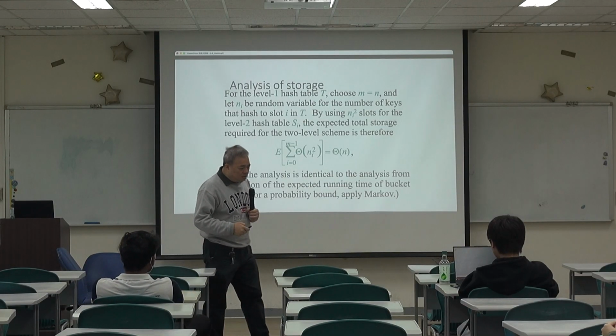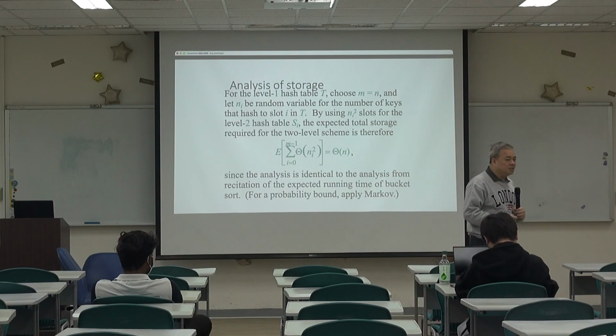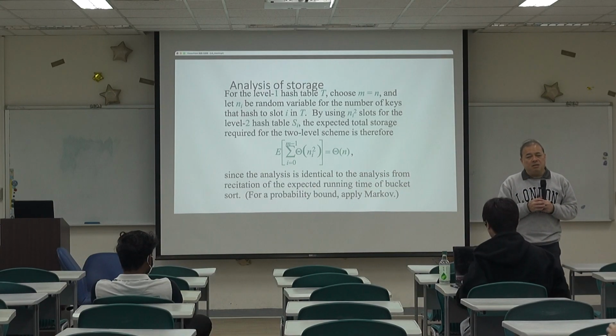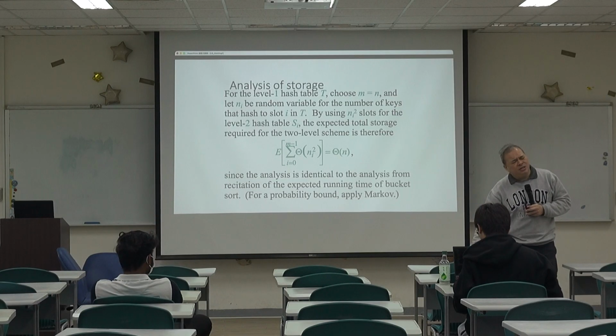Just so, when we say perfect hashing, it means the worst case search for any key is bounded by constant time. So if the hash table size is big, this is relatively easy.